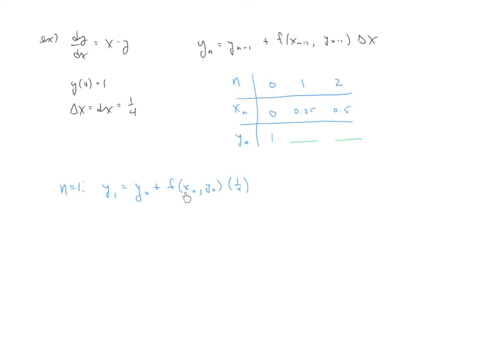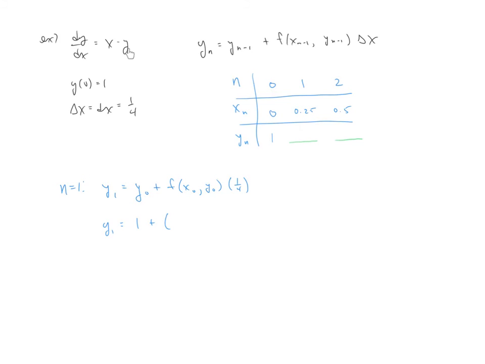Now, this says we need to evaluate the function at these two places. So, my y sub 0, I already know is 1. The function then evaluated at this place. So that's going to end up being a 0 minus a 1. So my 0 was my x sub 0 and my y sub 0 was 1.